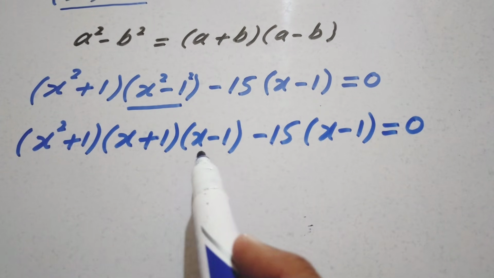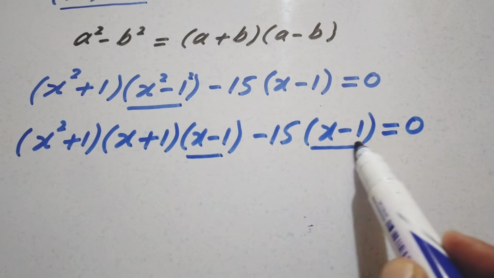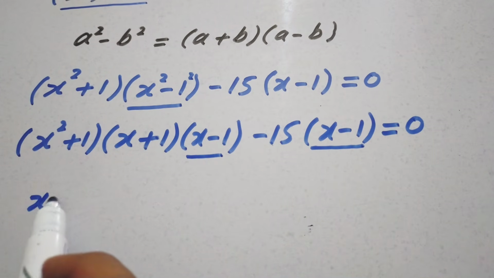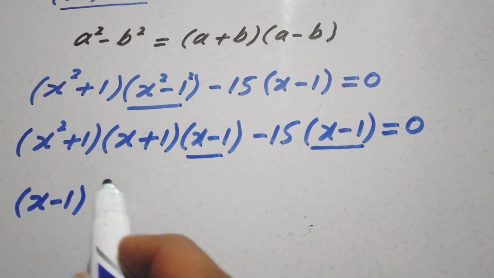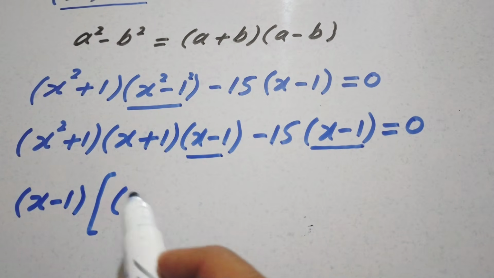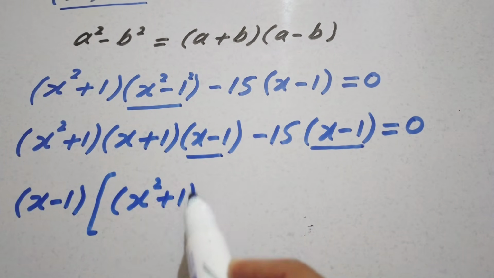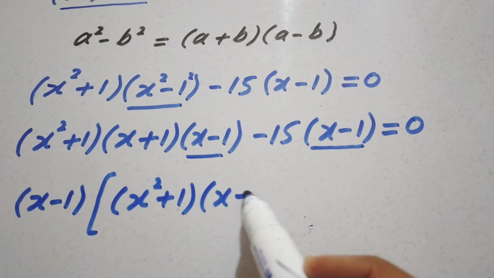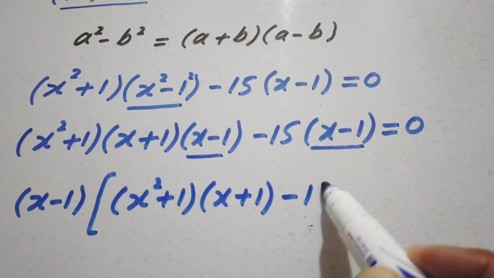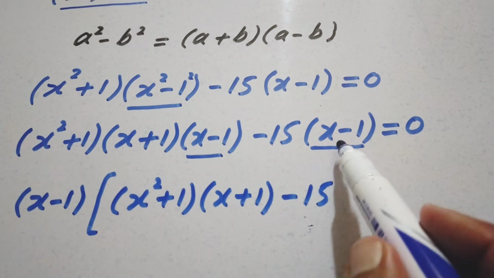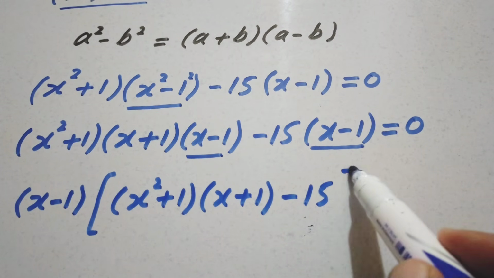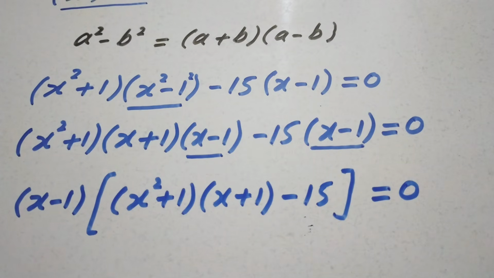Now we can take common x minus 1 from the left hand side, x minus 1, and inside the bracket x squared plus 1 and this x plus 1 with negative 15, is equal to 0.